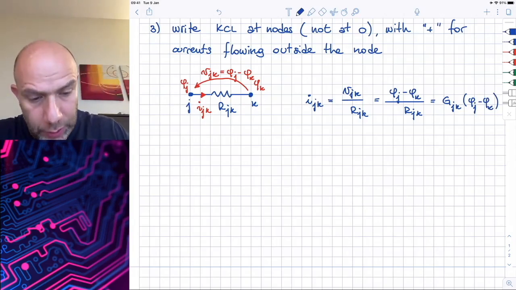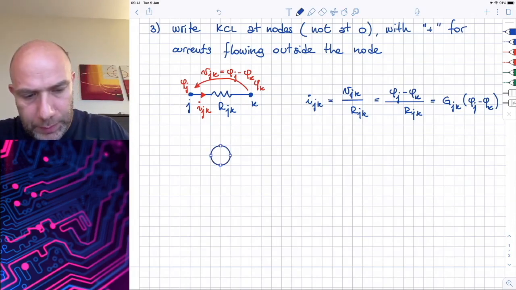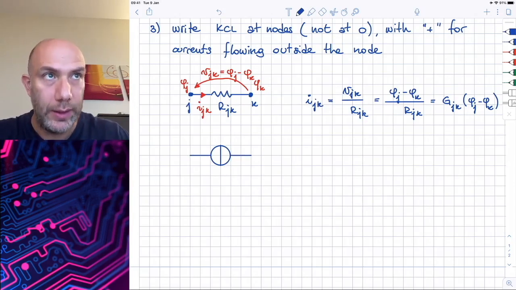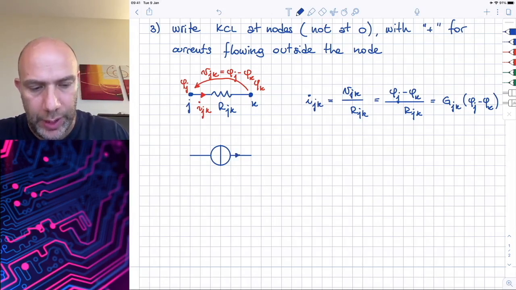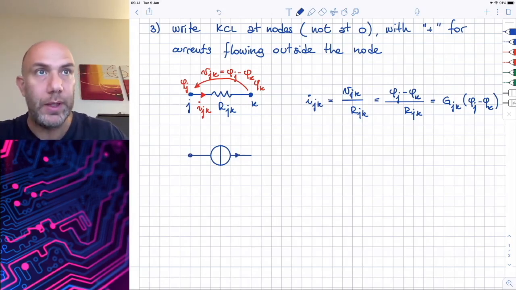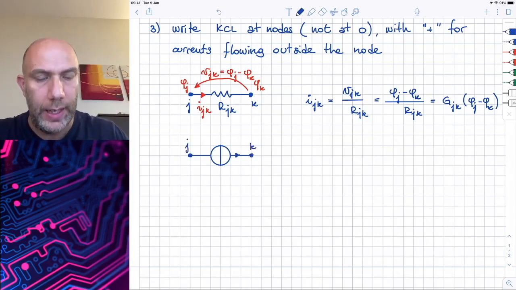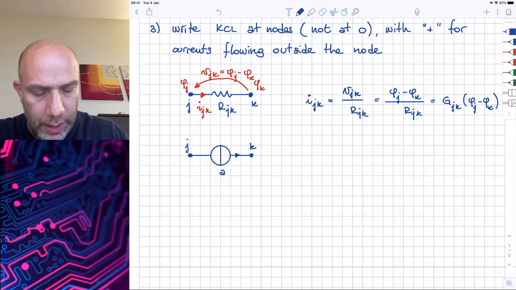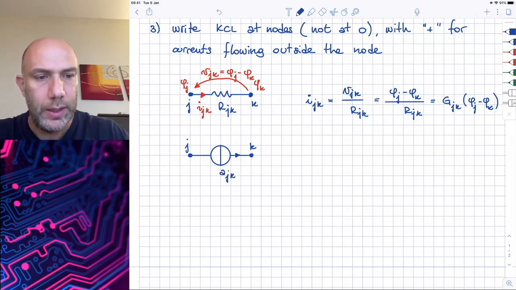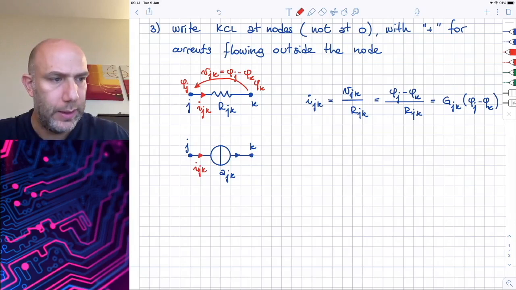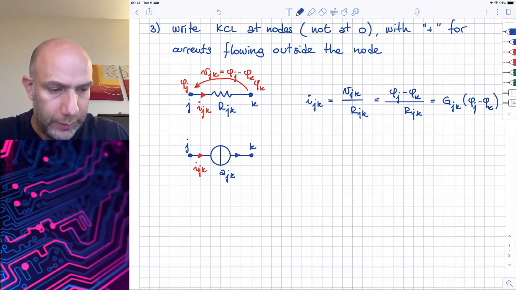For the current generator, things are even simpler, because for a current generator, the value of the current is known, and it is the value impressed by the current generator. So, if this generator is connected to nodes J and K, and its value is AJK, we can say that the current IJK is simply AJK.